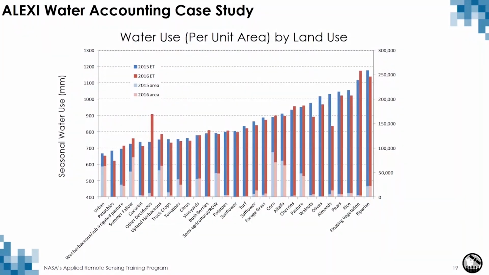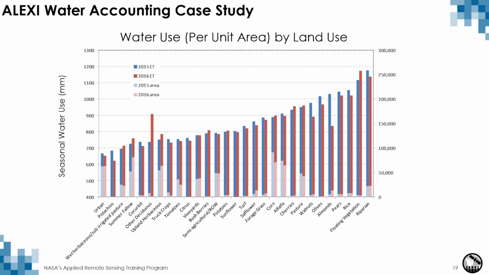So exactly, this is the take-home message. Because we were able to measure evapotranspiration at high resolutions over this area, and then we had high resolution information about what was being grown in each field, we were able to actually break out water use per unit area by certain crops.